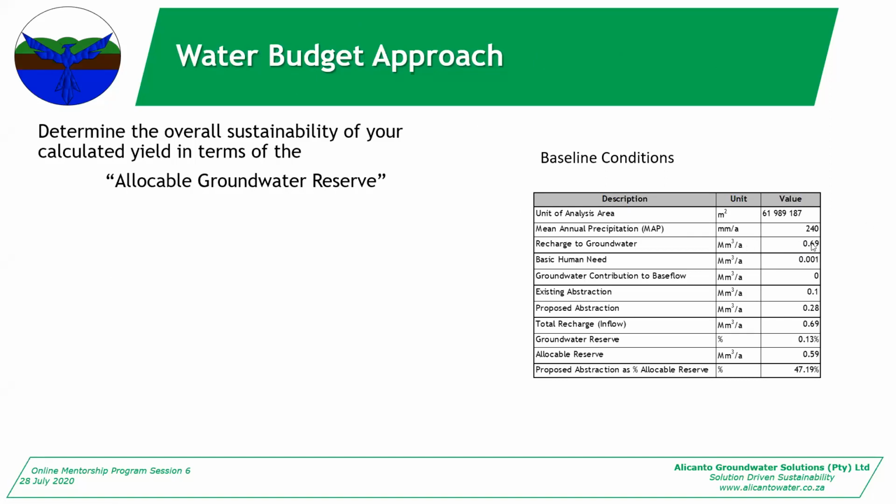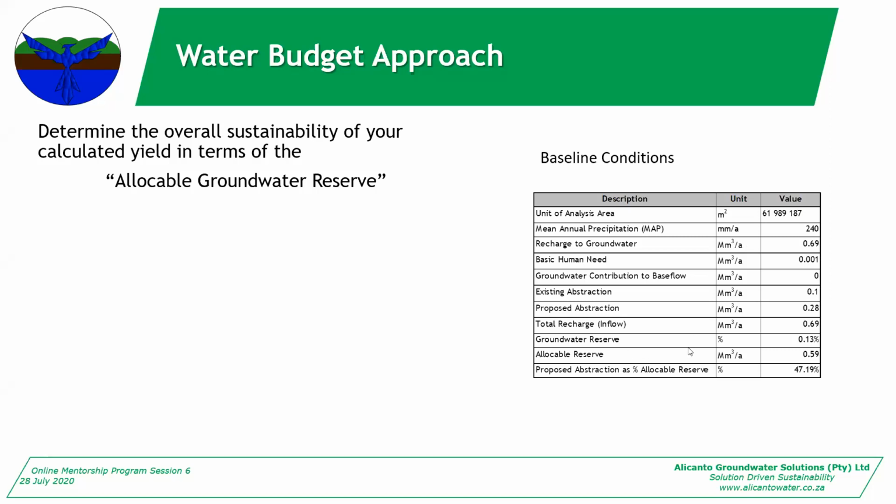So I've got 0.69 recharge. My basic human need was 0.001. Groundwater contribution was 0 because that's a losing river on this site. So the river feeds groundwater, not the other way. The existing abstraction in the catchment was 0.1, which was actually my client's other borehole. And then the proposed abstraction was 0.28 mega cubes per annum.